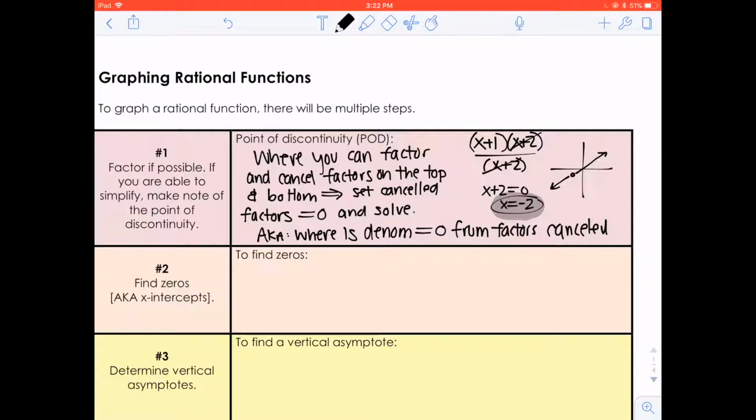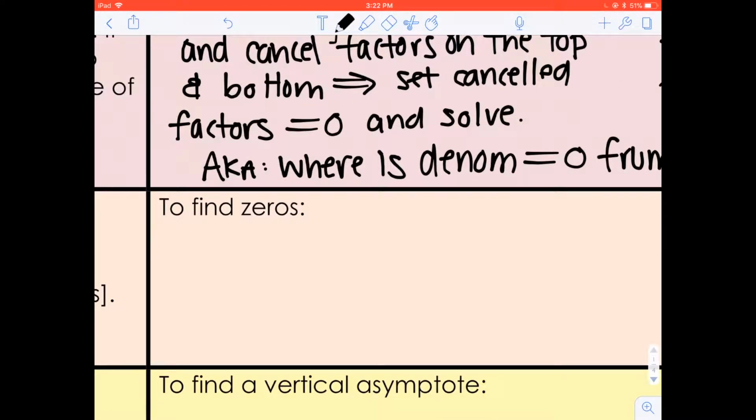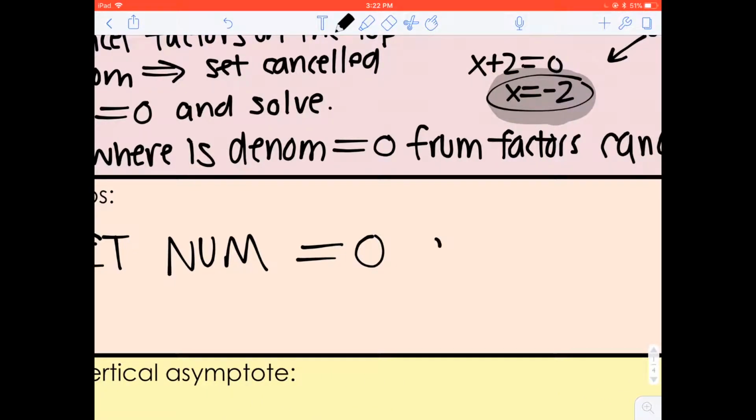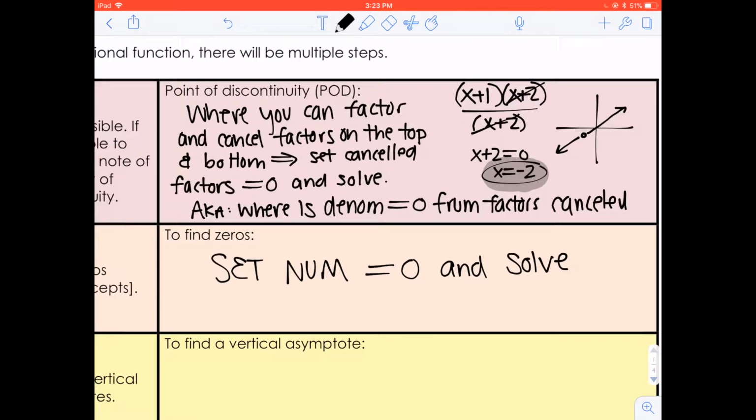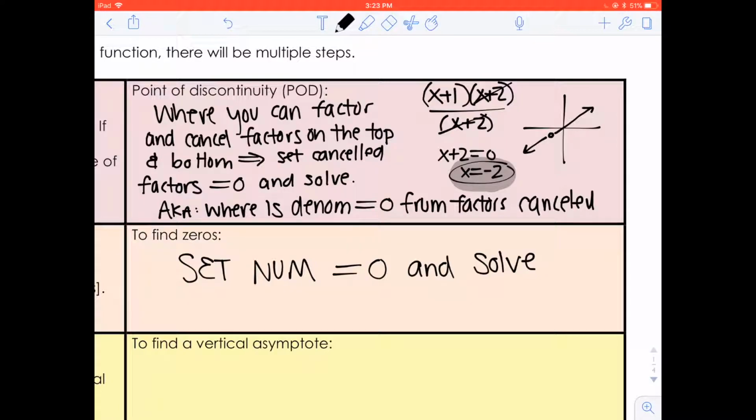So to find the zeros, all you have to do is set the numerator equal to 0 and solve. All right, that's all there is to it to find the zeros. These are where your graph is going to cross the x-axis.